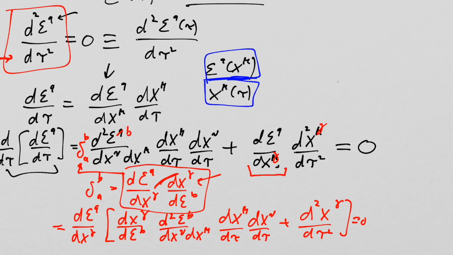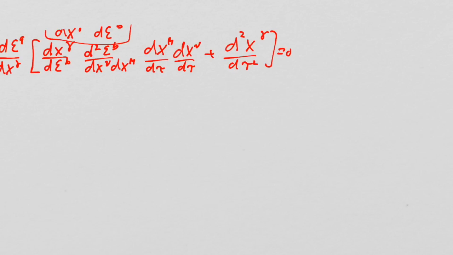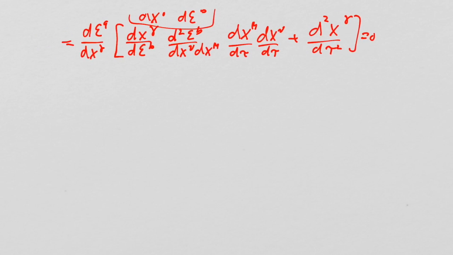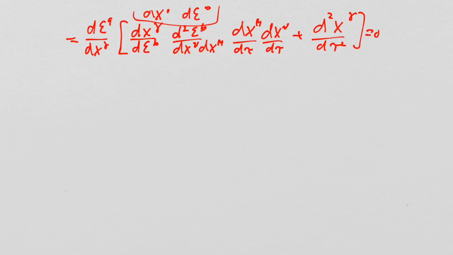We got this far, and this equation, which I am now going to copy and paste onto this part of the board, is our geodesic equation. This equation is what I was calling the geodesic equation.